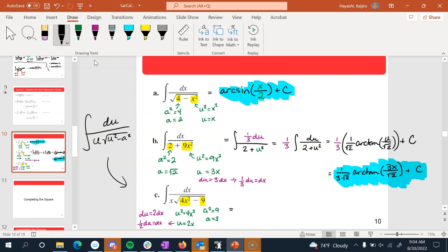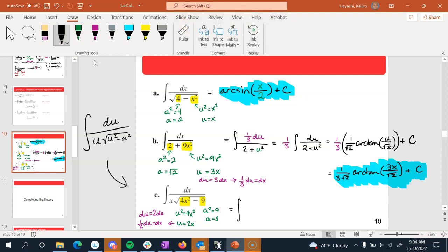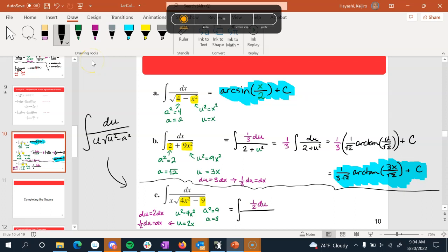Okay, so let's substitute some of those things to hopefully make this look a little better. So dx is 1/2 du according to this. Let me just separate these visually. So 1/2 du on top. And it's not going to be a complex fraction for long. We're going to fix this.